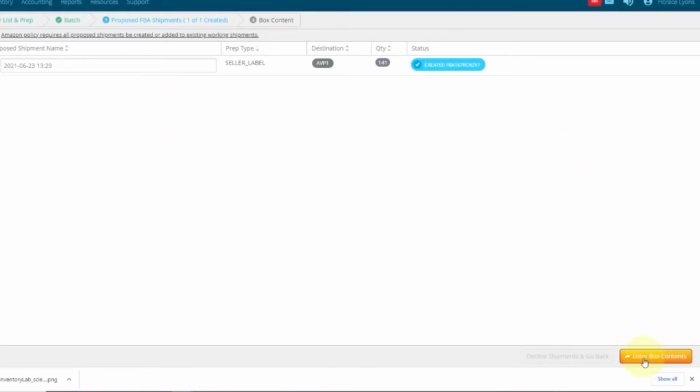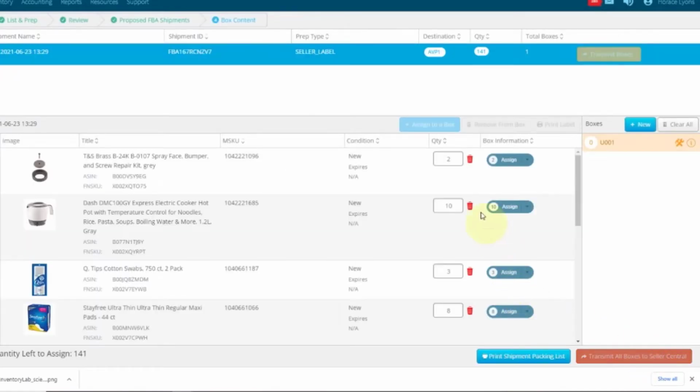But at this point, you're going to enter your box contents. This is where you tell the system, this box has this product in it. That way they know when they open that box, that speeds up their system. They know what to expect and they can just zip, zip, zip. So you'll just click that.